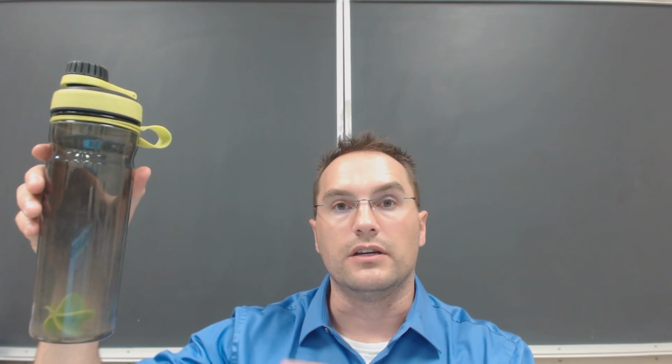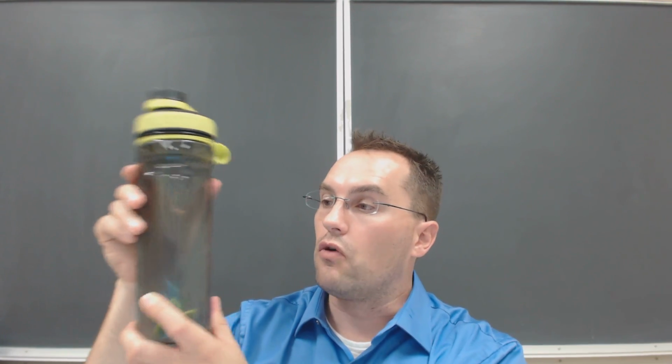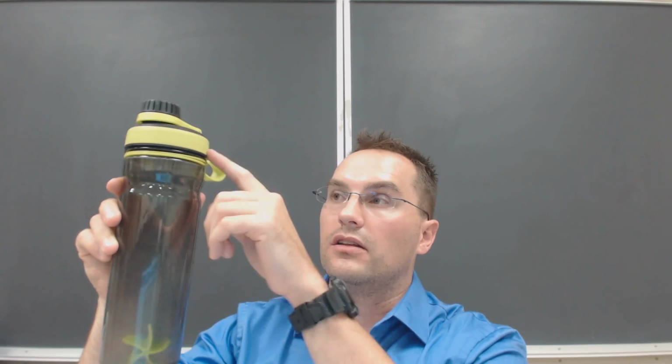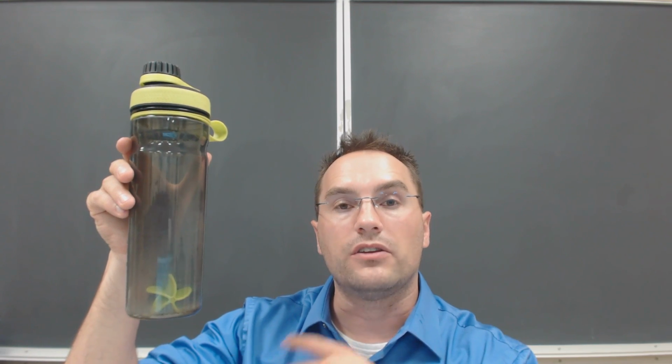So say, for example, I have this water bottle here that costs $4 to make. It cost me $4 in plastic and all the different things I need to manufacture this bottle, and I'm going to sell it for $5. So my $5 is my retail value of this bottle, and that's my revenue. That's what I'm charging the customer.